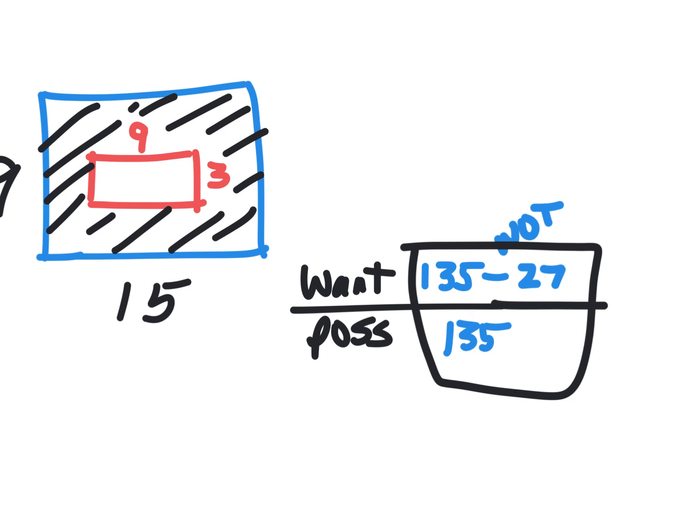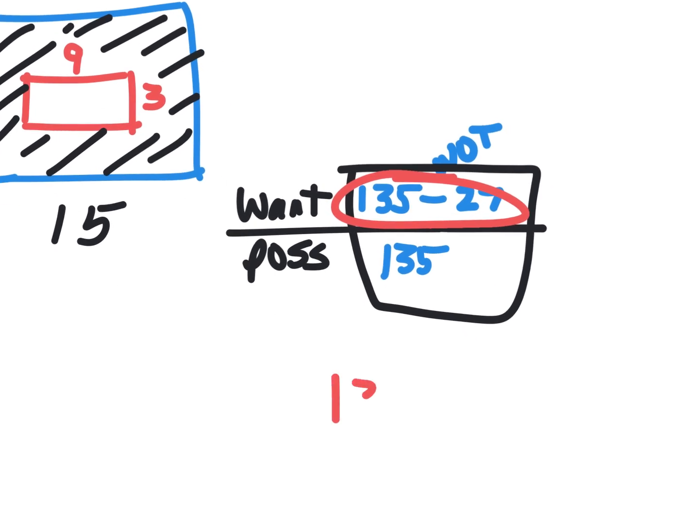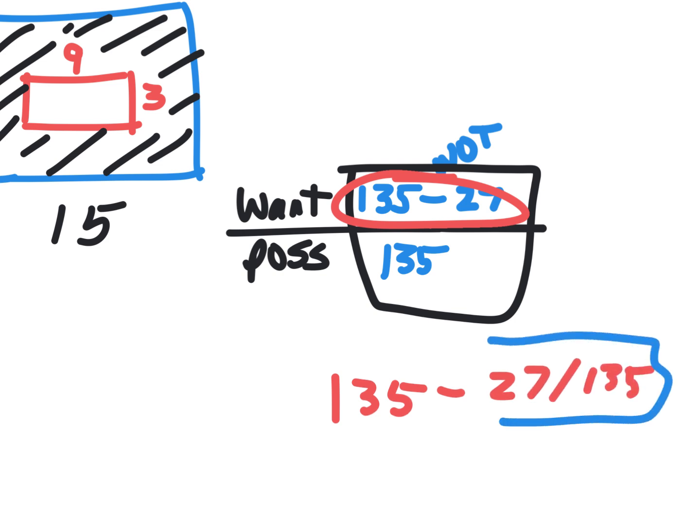So again, if you round wrong, it's going to cost you, so be careful. I just put that in a calculator, but if you do this first, that'd be smart. Otherwise, you need parentheses around it, because if you just typed 135 minus 27 divided by 135, your calculator is going to do that first. You don't want it to do that first. That's why you should do this first on your calculator, hit enter, or put that in parentheses.